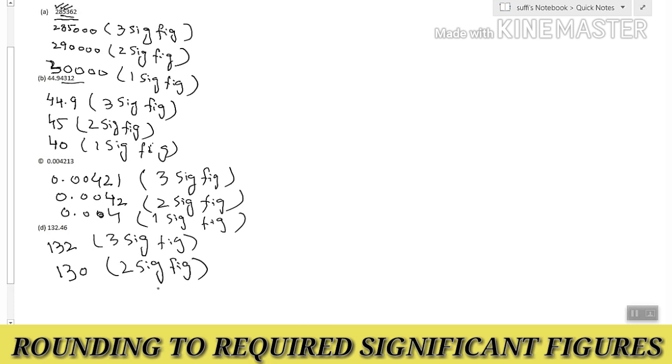And for 1 significant figure, 1 is the first significant figure, and to keep the magnitude in the whole part, we will make the other digits 0 and ignore the decimal part. It will be 1 significant figure.